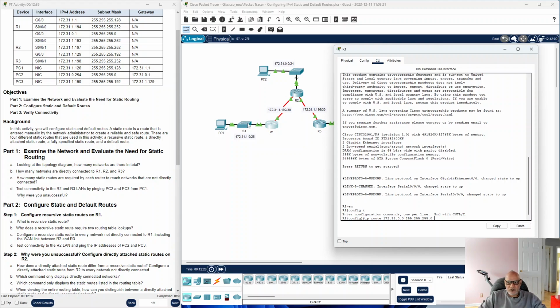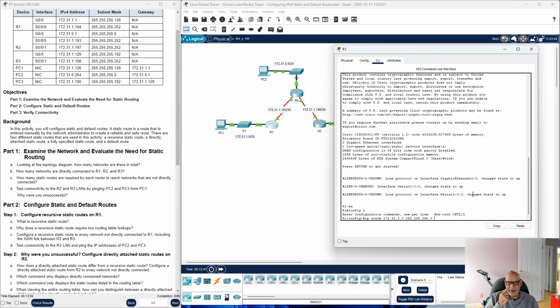In this example we will configure the next hop IP address, which is also called a recursive route. A recursive route is when you specify the next hop IP address.